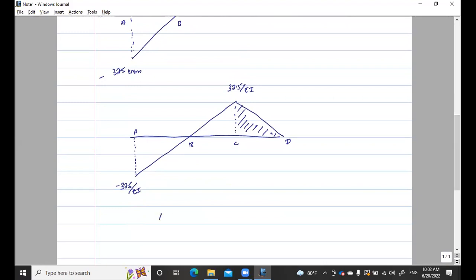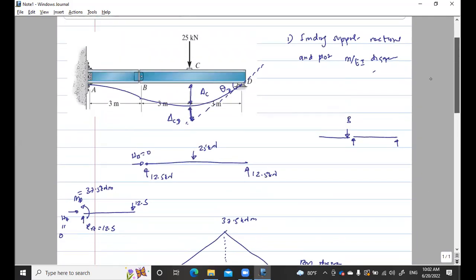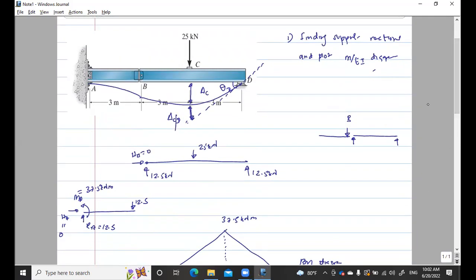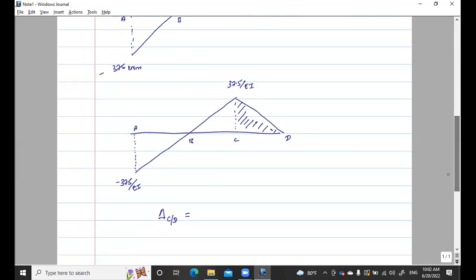So delta CD is equal to the area, half times 3 times 37.5 over EI. And the distance is going to be, if this is 3 meters, 1 meter.